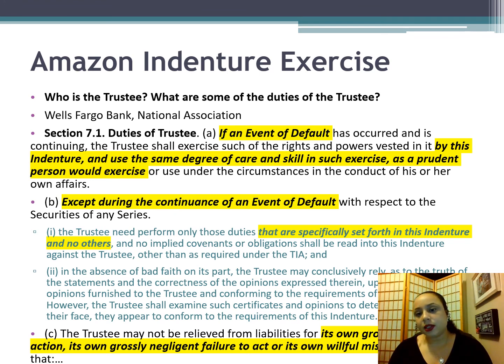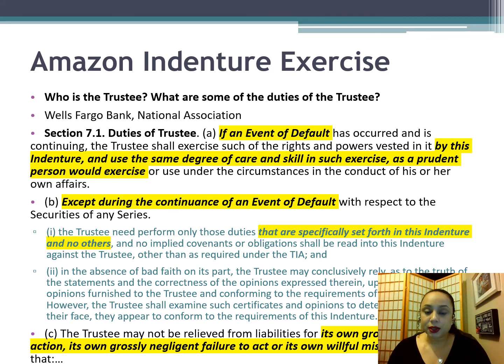If an event of default has occurred and is continuing, the trustee shall exercise such of the rights and powers vested in it by this indenture and use, here's our prudent man and woman standard, the same degree of care and skill in such exercise as a prudent person would exercise or use under the circumstances in the conduct of his or her own affairs. And so we see a reference to this prudent person standard embedded into this indenture.